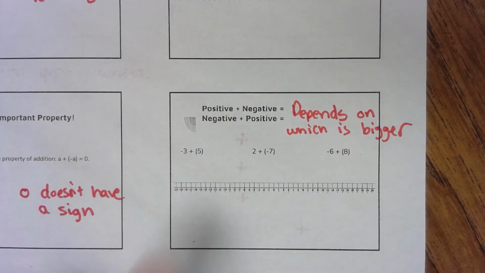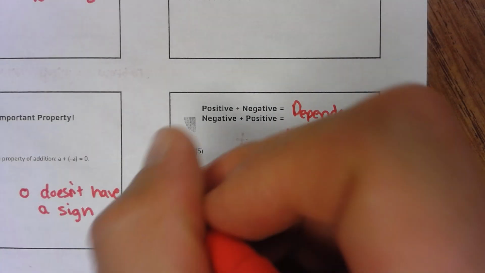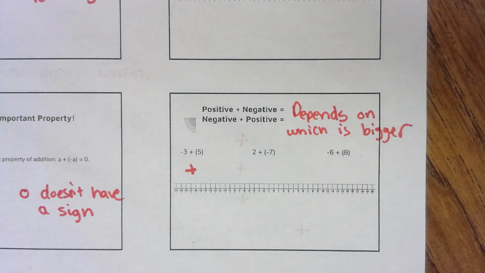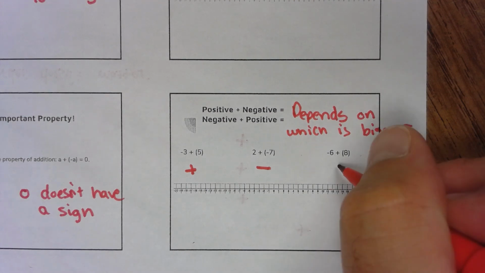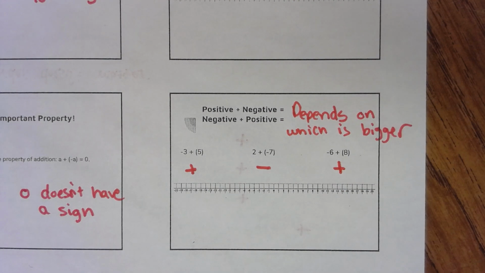Negative 3 plus 5, the 5 is bigger and positive, and thus, when we do that addition, the result should be positive. 2 plus negative 7, the negative is bigger, and thus, the result should be negative. Negative 6 plus 8, the positive is bigger, so the result is positive.